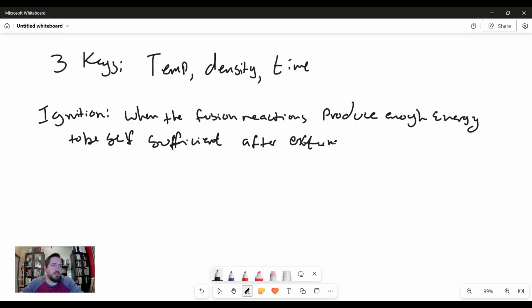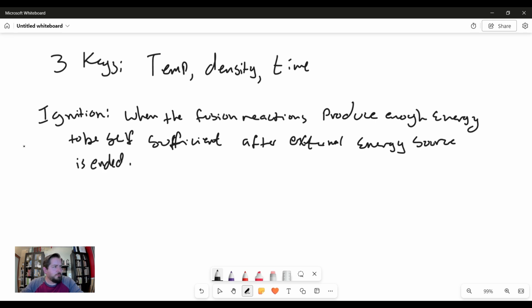I'm sorry about my handwriting on this. It's been forever since I've used this, so it looks like a 2-year-old is writing this. But after that external energy source is ended or shut off.